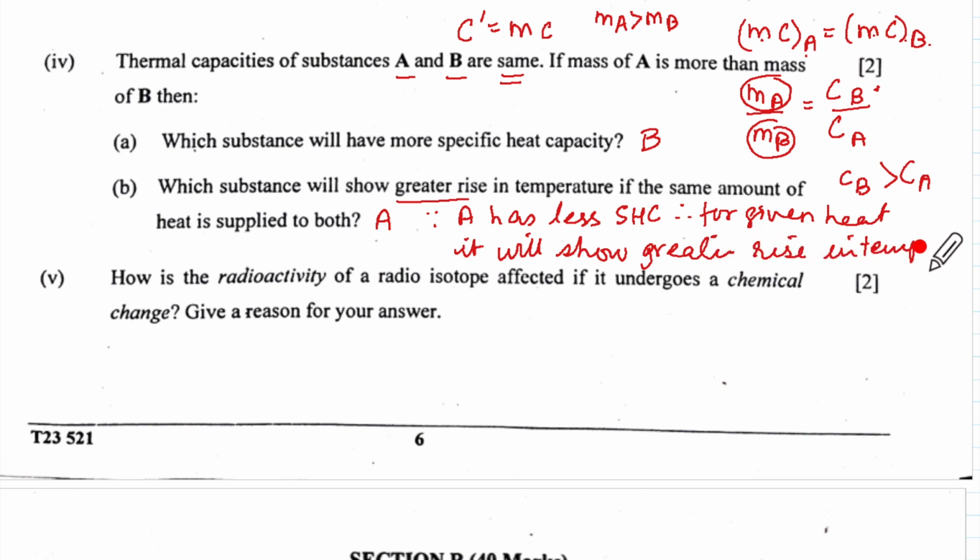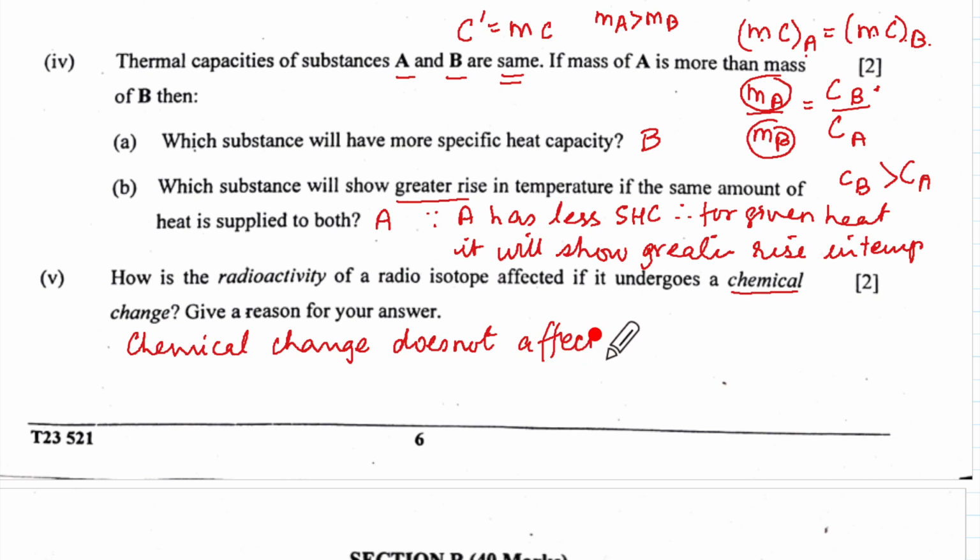How is radioactivity of radioisotope affected if it undergoes a chemical change. Now, chemical change has got nothing to do with nucleus, right? So we will say chemical change does not affect the nucleus. Correct?